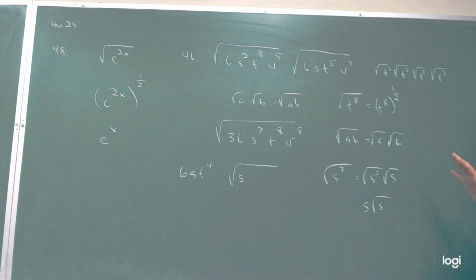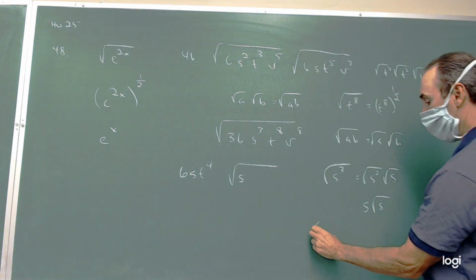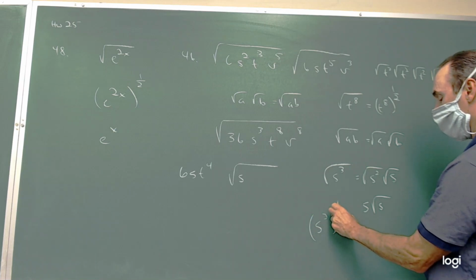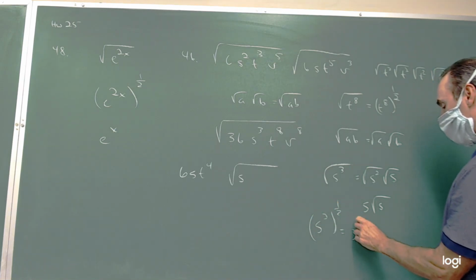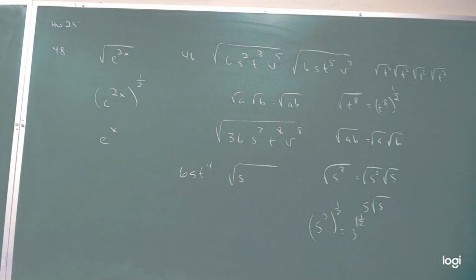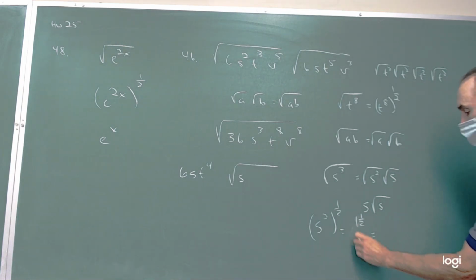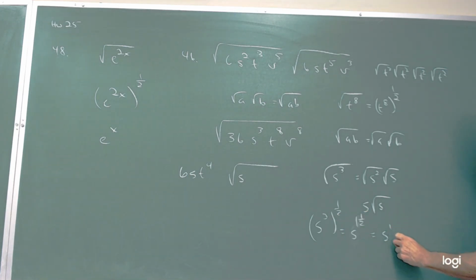If you get the hang of it, looking back at the s to the 3rd, I don't know that this is really a great way to think of this, but you can think of it as s to the 3/2 being s to the 1st times s to the 1/2.